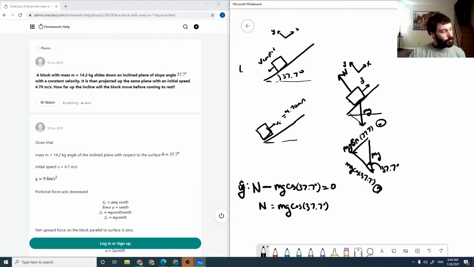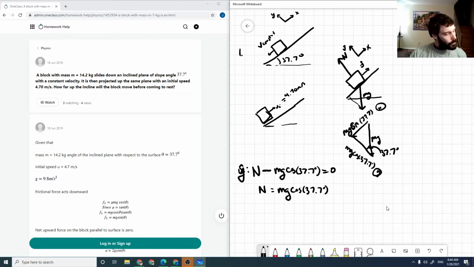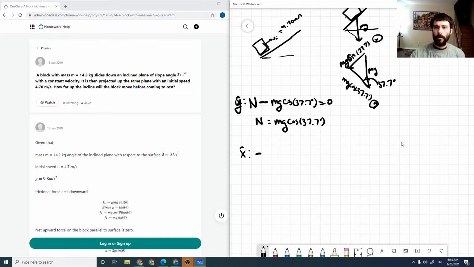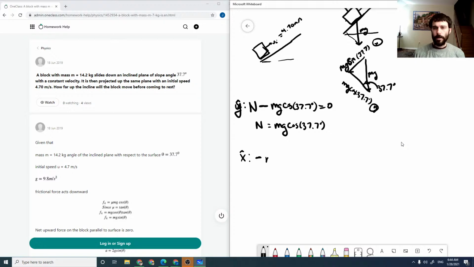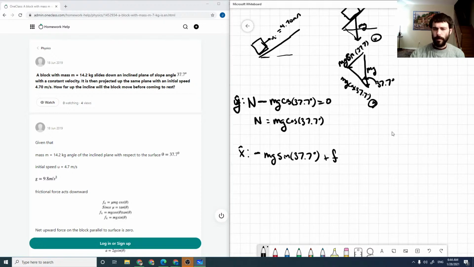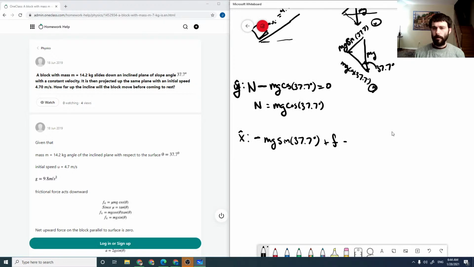And now looking in the x direction, we've got minus mg sine 37.7 plus our frictional force. So the way I've drawn it, the frictional force is in the positive x direction, is equal to 0.